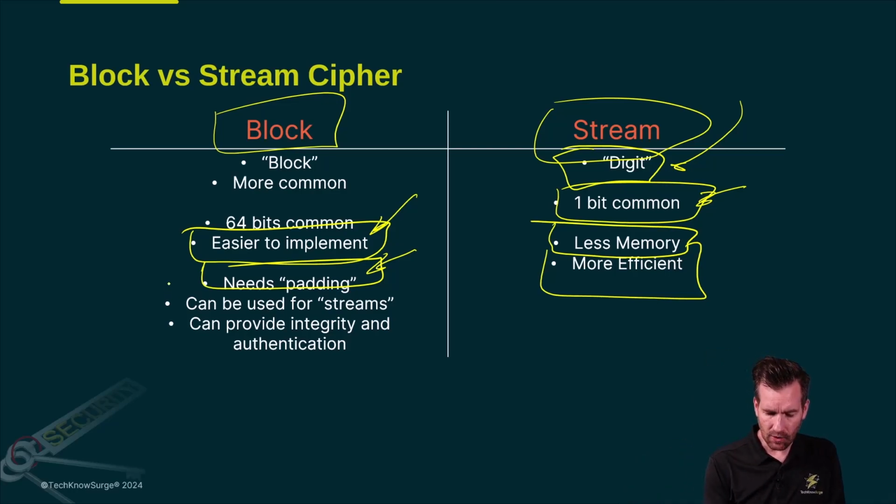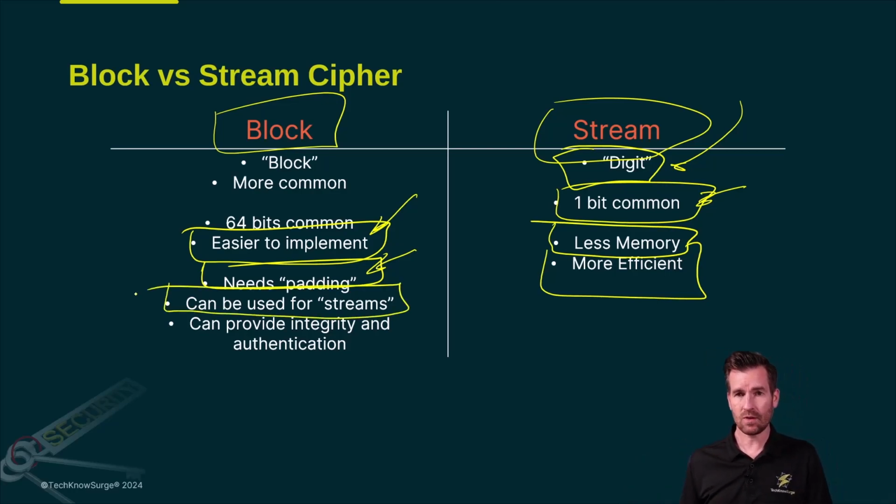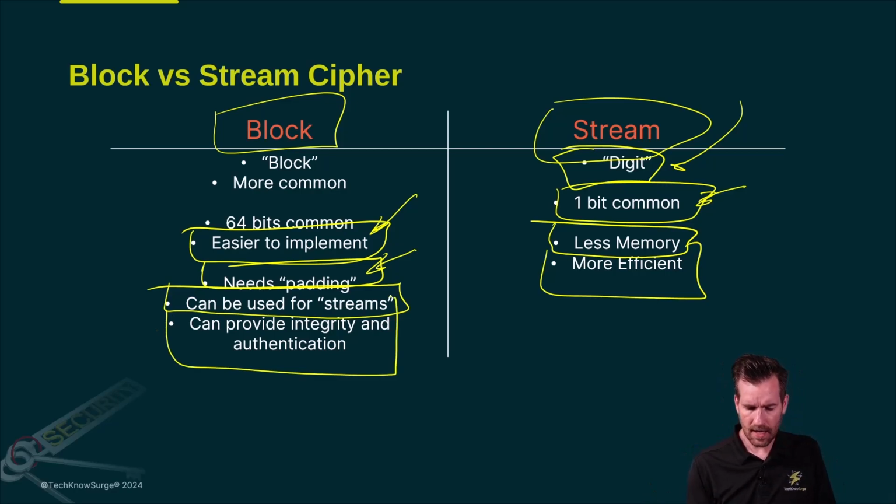Blocks can actually be used for streams. 64 bits is not a lot of data, so a block cipher could still be used for streaming. Block ciphers can also provide additional features such as integrity or authentication.